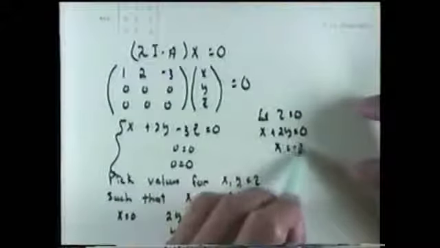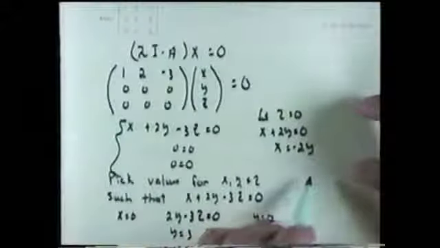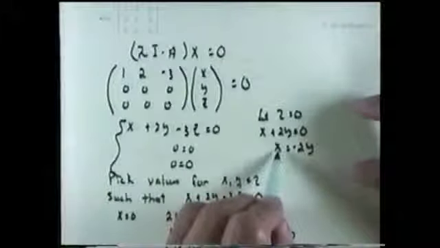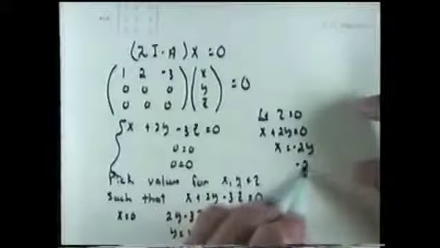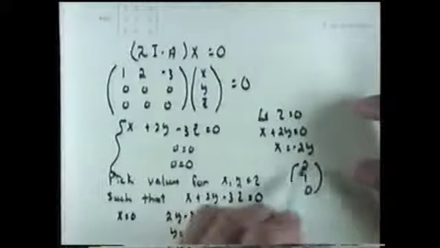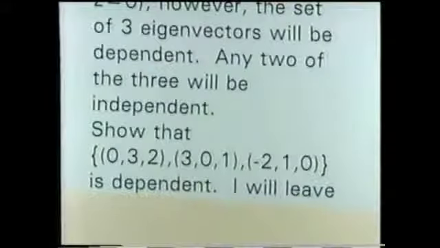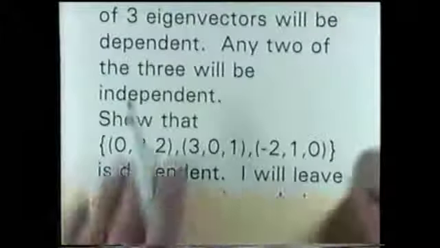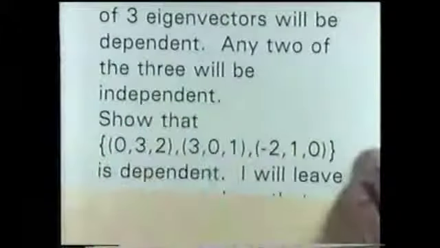X is equal to negative 2y. So if I let y be 1, x would be negative 2. So I have (-2, 1, 0). So that's where the (-2, 1, 0) came from, by letting z be 0 that we talked about here.